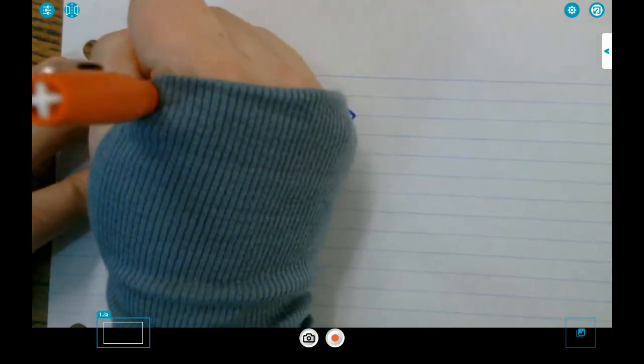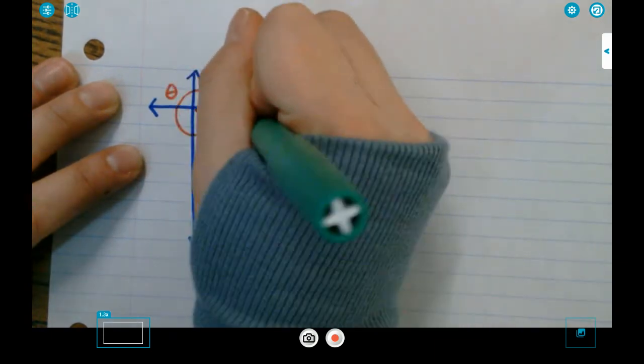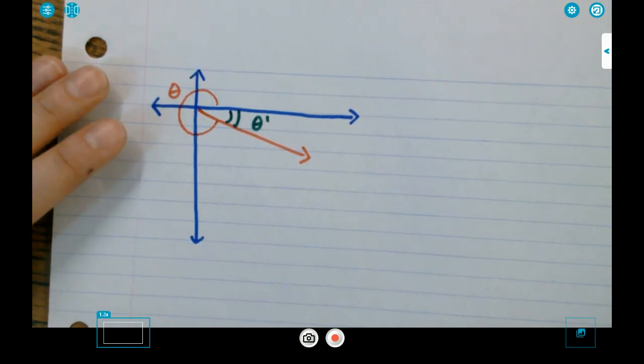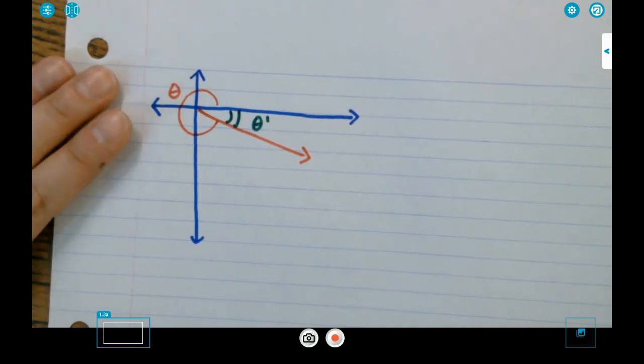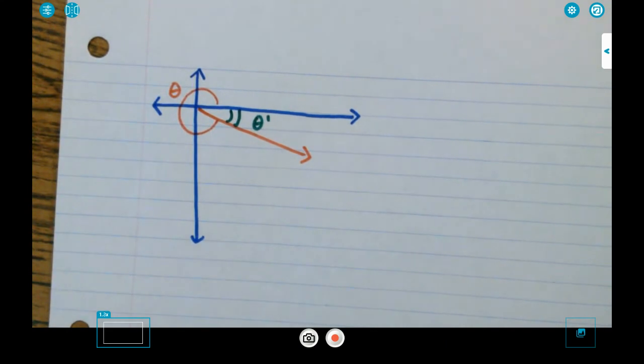That would be my theta, which is going to be a really big angle. Instead of using that angle, we want to use this little guy, theta prime, from the positive x-axis down to where my angle ended. We would use 360.